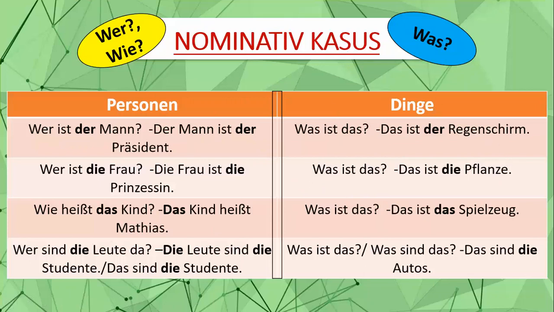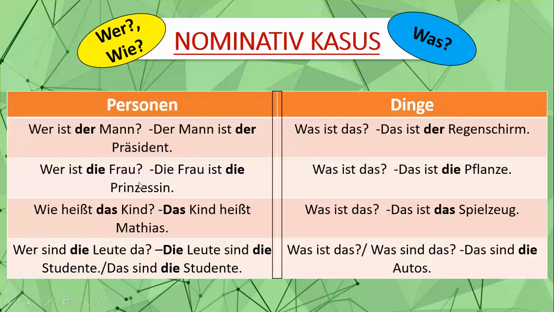So for persons, we will use the question wer to mean who and wie with certain verbs like heißen, as you have seen in my previous tutorials. Wer ist der Mann? Der Mann ist der Präsident. Who is the man? The man is the president.